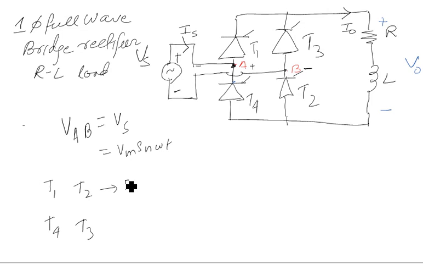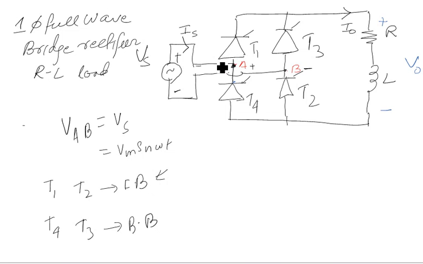So these are the forward bias and reverse bias conditions. During the forward cycle T1 is forward biased. You can give the gate pulse only to T1 and T2. You can't give gate pulse to T3 and T4 as they are already reverse biased, so they will not conduct. The only possible conduction will be through T1 and T2.